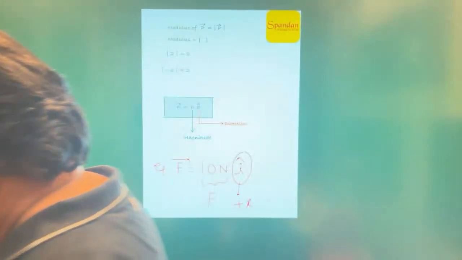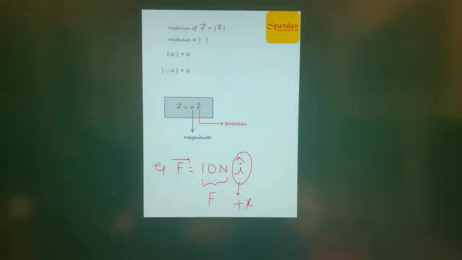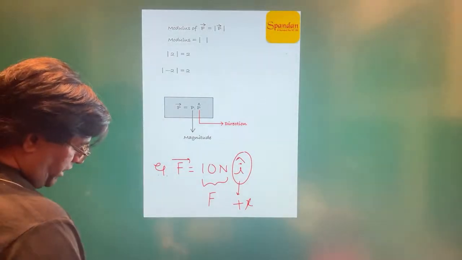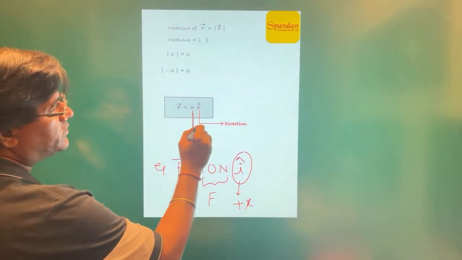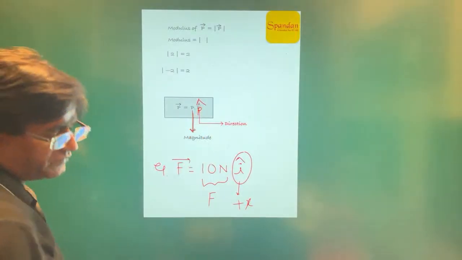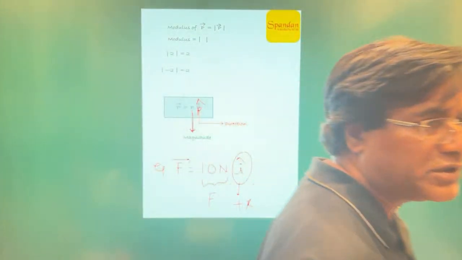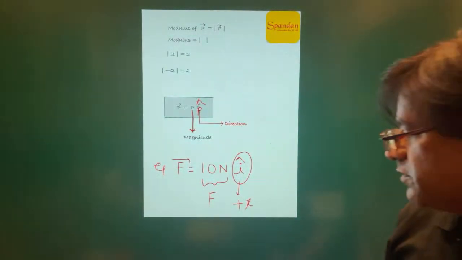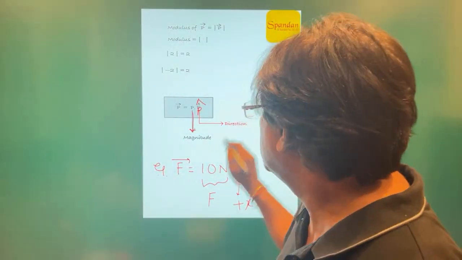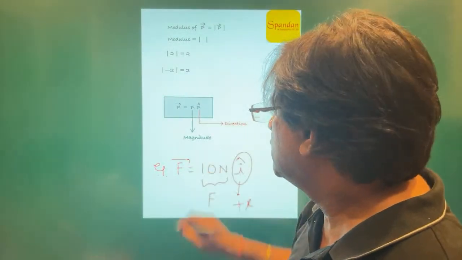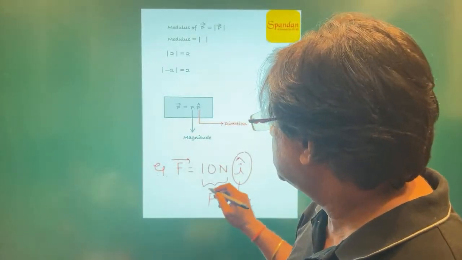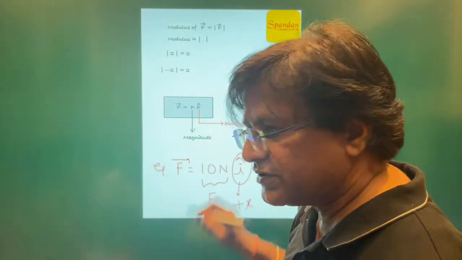Now this vector has two parts. One part is P, that is the magnitude, and the second part is P cap. So this P cap represents direction. So P is the magnitude and P cap is its direction. So a vector will have magnitude as well as direction.